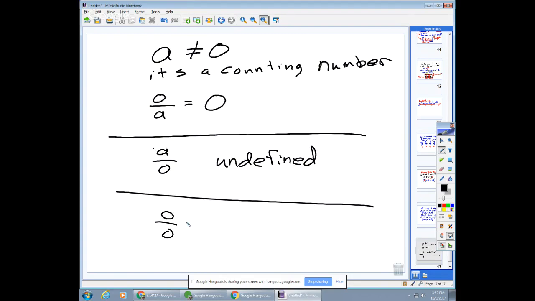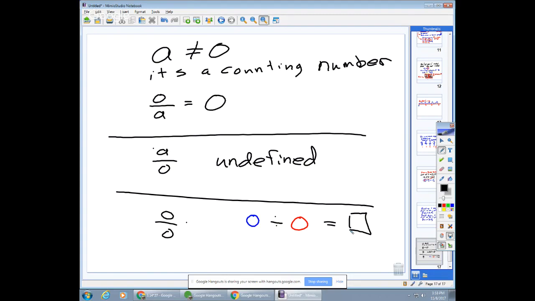This one is just weird. I have no money. I'm going to share it with no people. How much does each person get? Huh? It's again weird. But if you look at the missing factor model, this leads to a problem. With the missing factor model, we would rewrite this as the top 0, I'll draw the bottom 0 in a different color, and then equals a blank box.